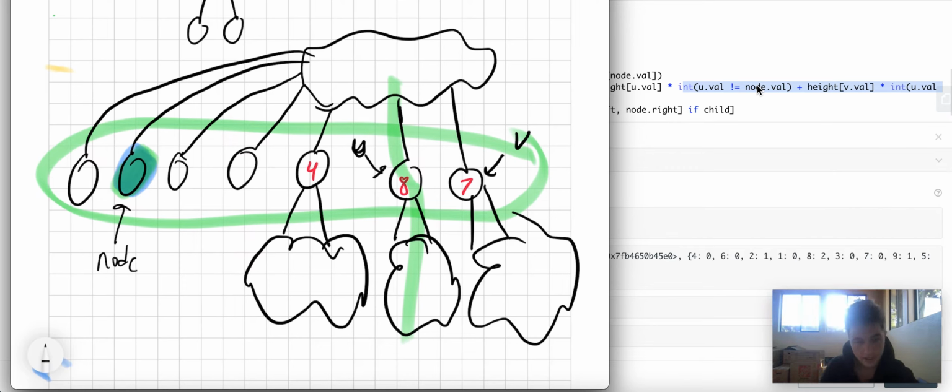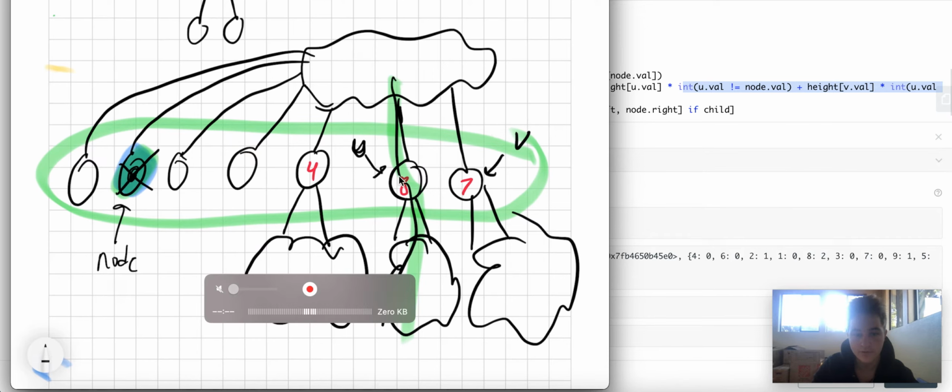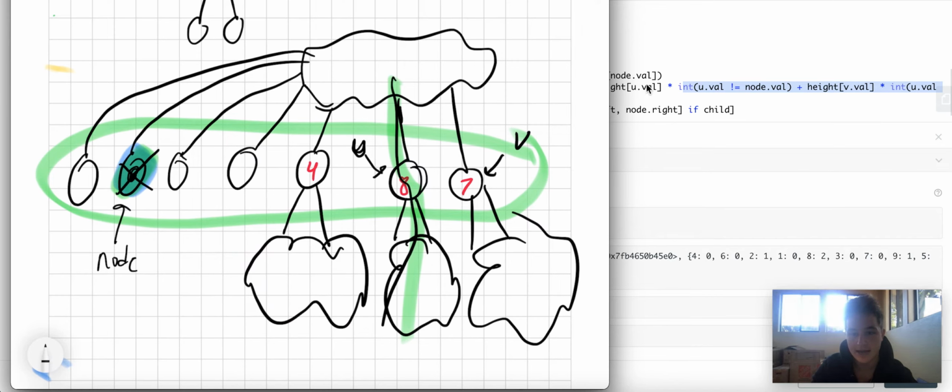If the node we're looking at is not the largest node, then when we remove this node, we'll choose the path of the largest node. So if u.val is not node.val, then we're going to add the height of U.